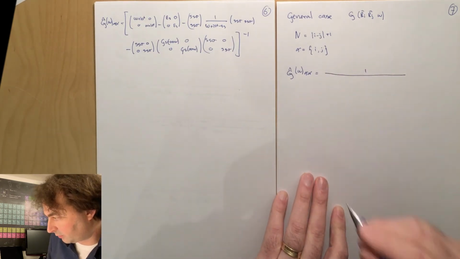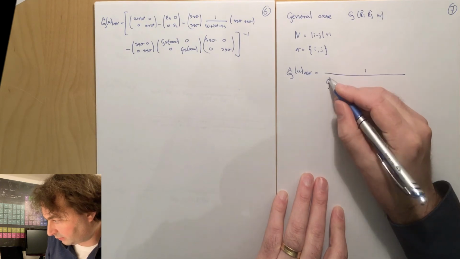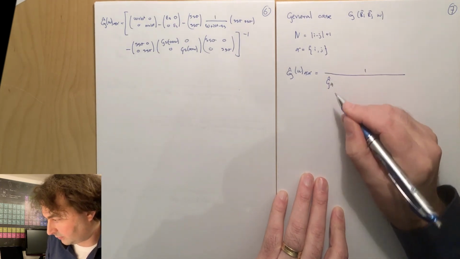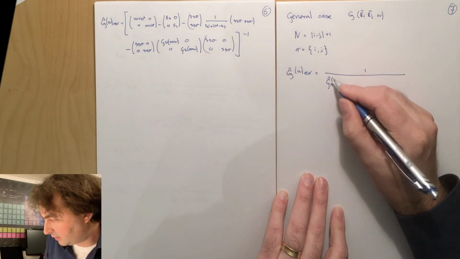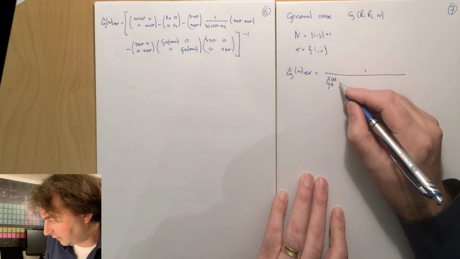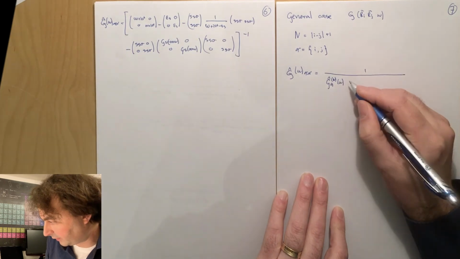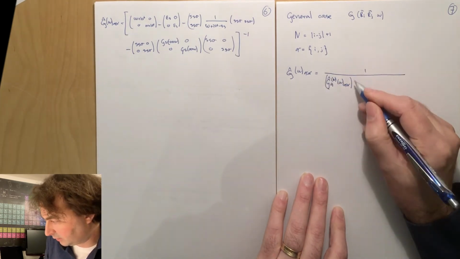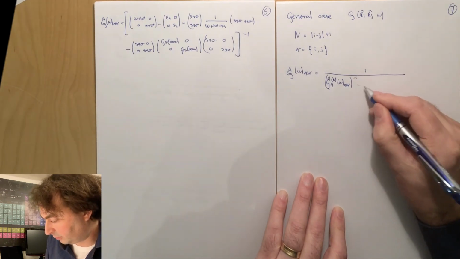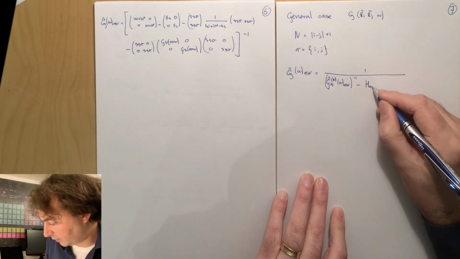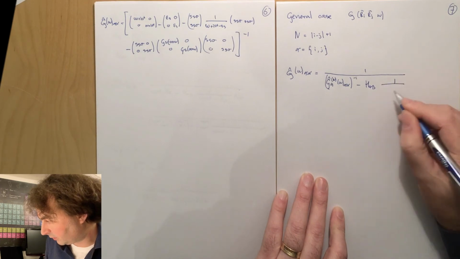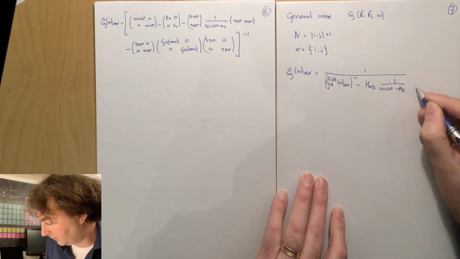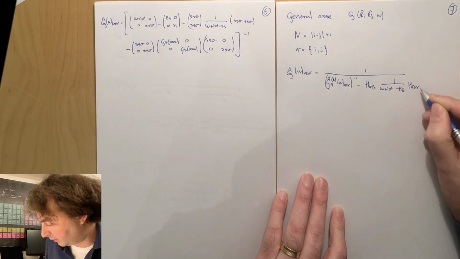And that is given as 1 over, and then the Green's function of our finite length chain of length n as a function of omega, and we do not need all its elements but only elements that belong to alpha, inverted, minus h_alpha b, 1 over omega plus i0 plus minus h_b alpha.